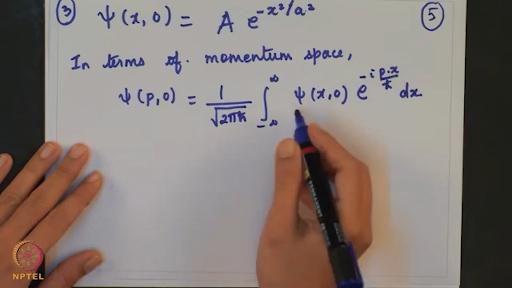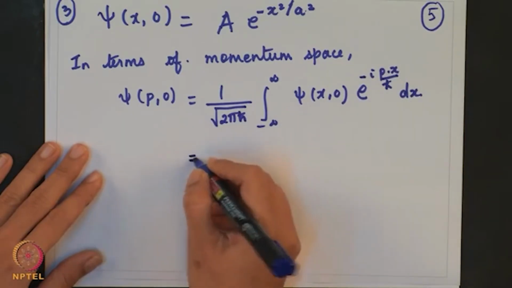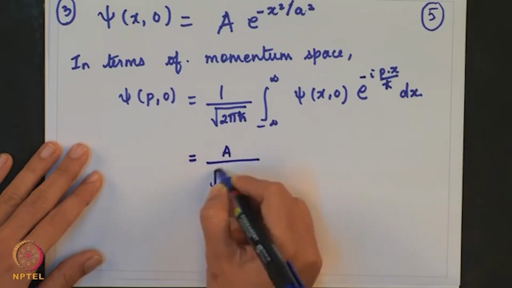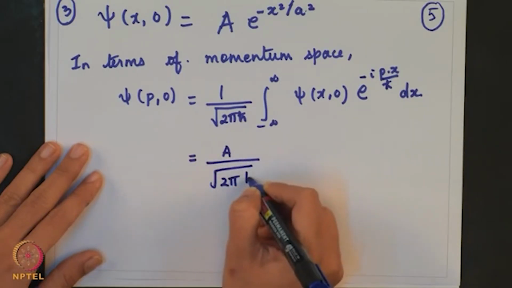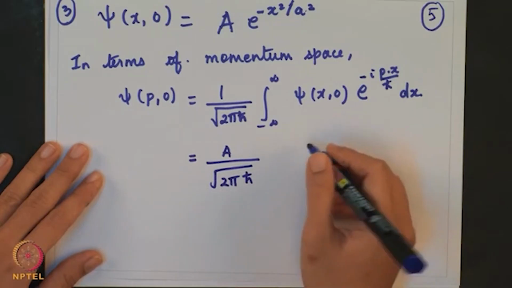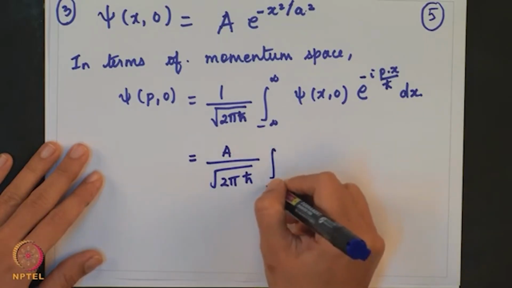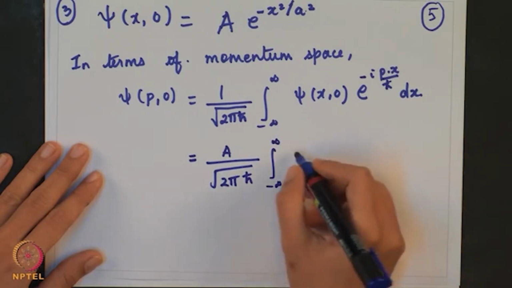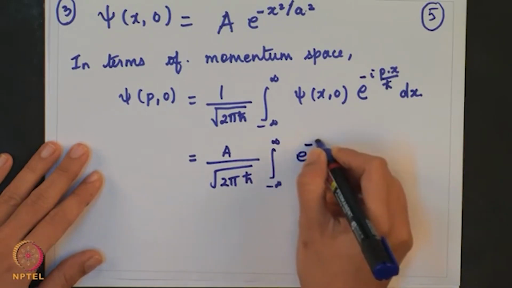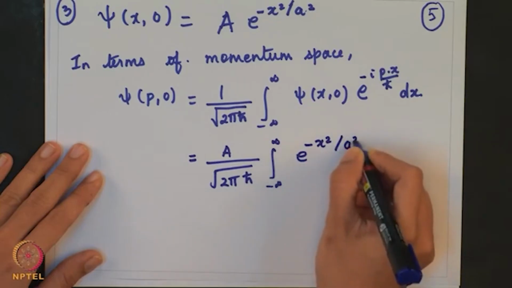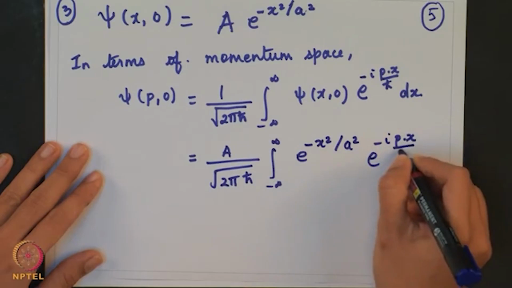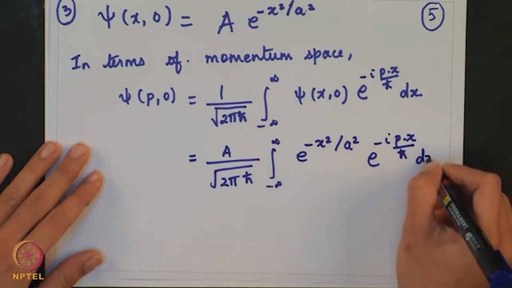So, now we substitute for the wave function, and you have minus i p dot x over h cross dx.